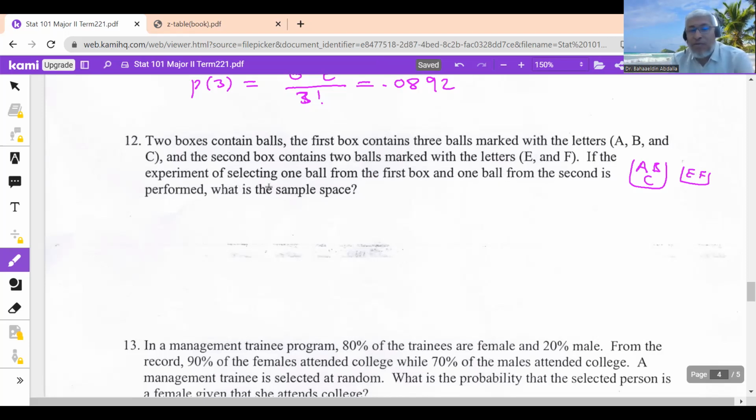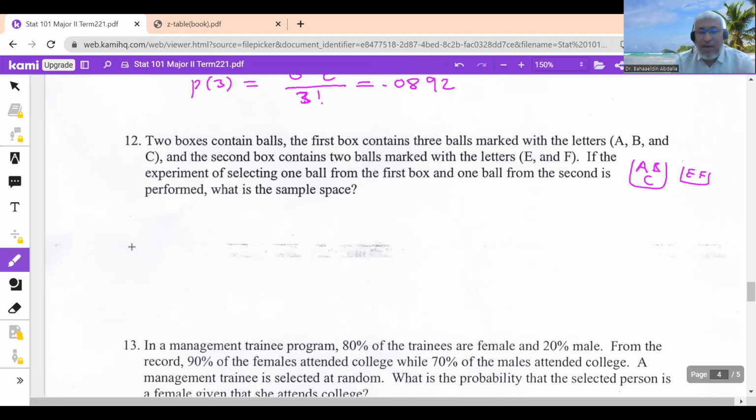The experiment of selecting 1 ball from the first box and 1 ball from the second box. What is the sample space? So when you do the experiment, when you select 1 ball from the first box and 1 ball from the second box, you will get only 1 result, okay? But what is the sample space? Sample space, all possible outcomes.